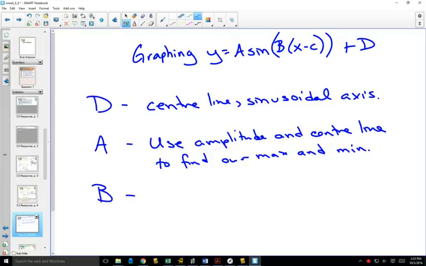The next thing we're going to do is use our B value to find our period. And remember that our period is always 2 pi divided by our B value for our sine and cosine graphs.